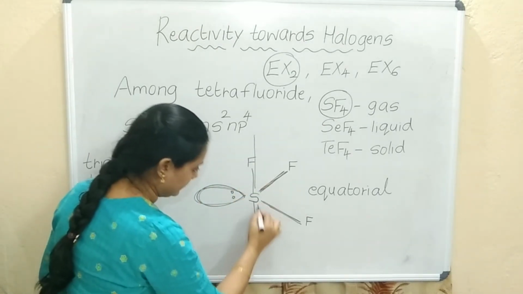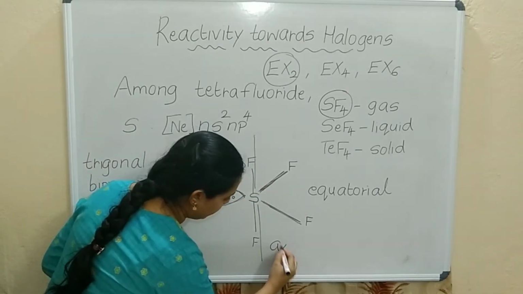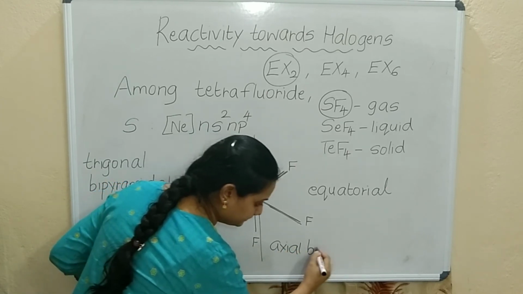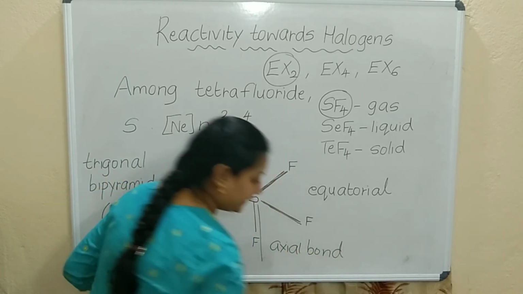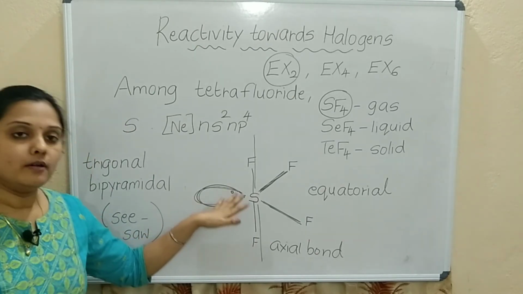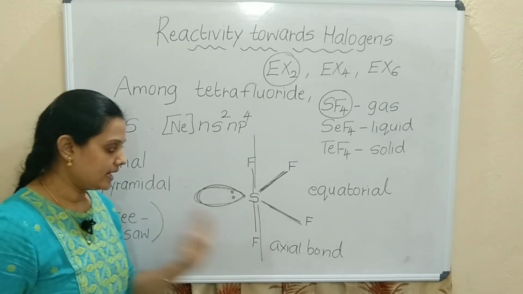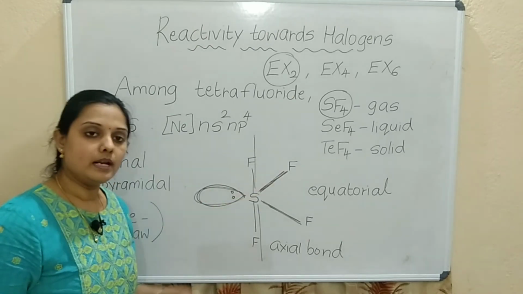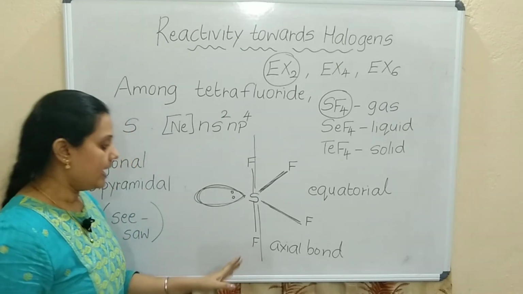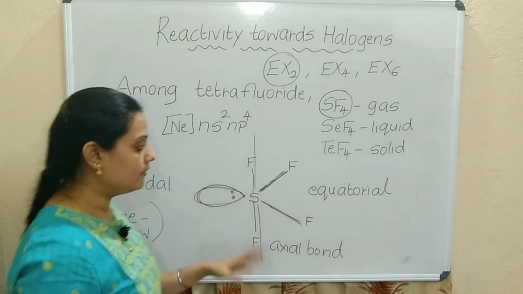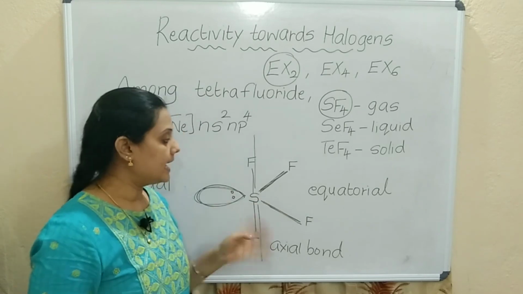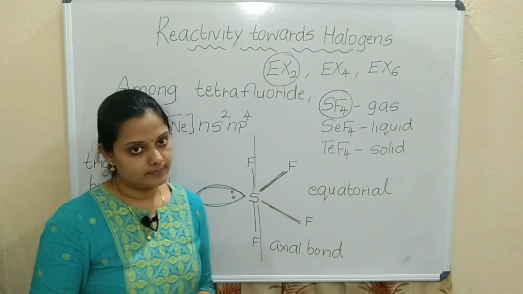So that is this one and this one, that is axial bond. The axial bonds will be at 90 degrees, equatorial will be 120 degrees, and axial bonds are always longer than the equatorial bonds.